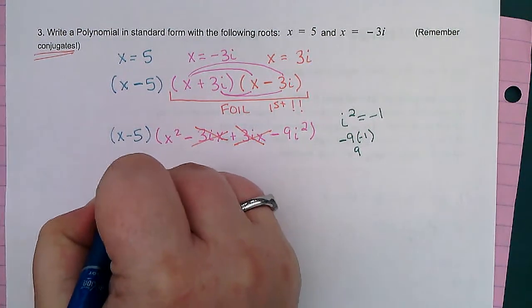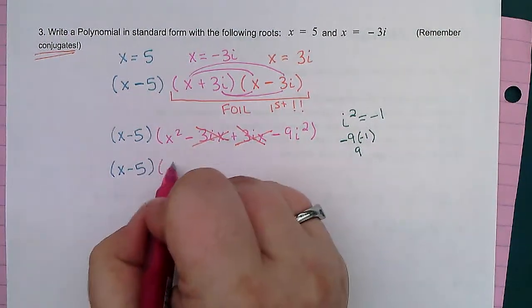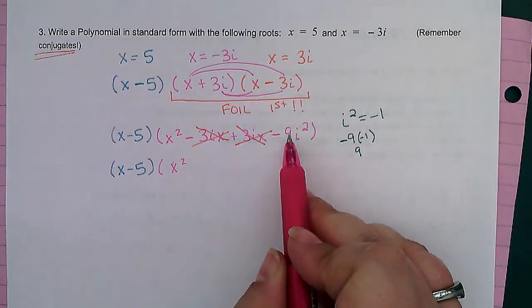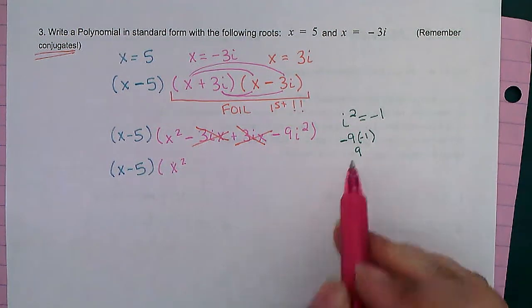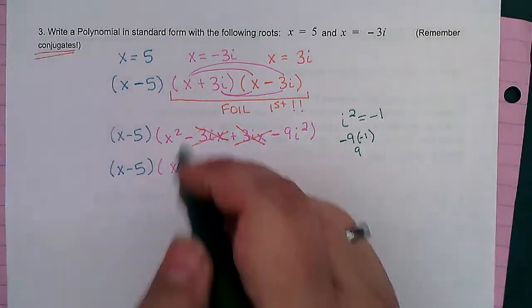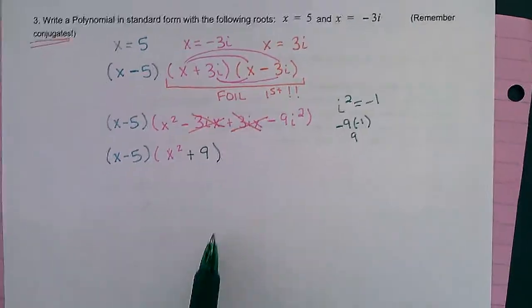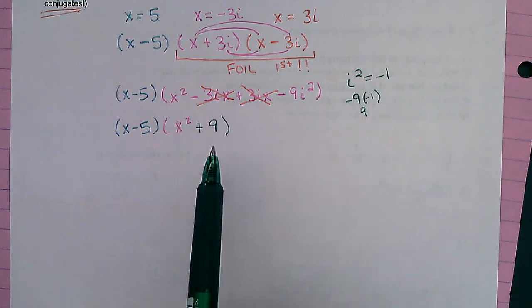So my x minus 5 is still going to come down. My x squared is still here. Those middle two terms are canceled, and this one became negative 9 times negative 1, which turns into a positive 9 for us. Okay? Now, look, all your i's are gone, and that has to happen.